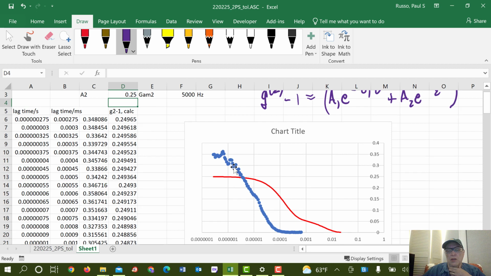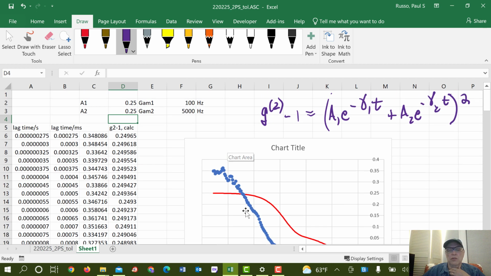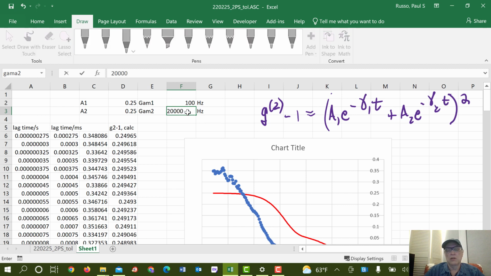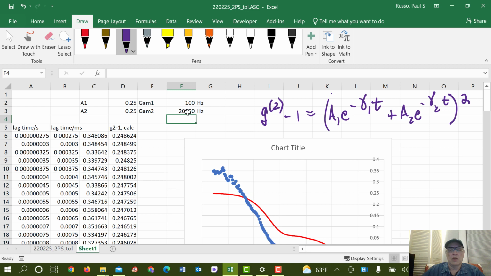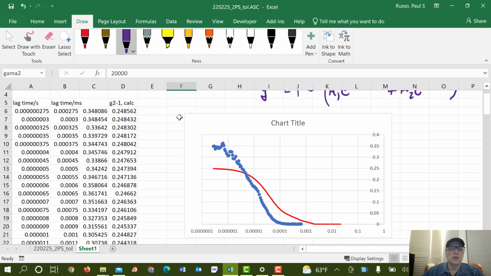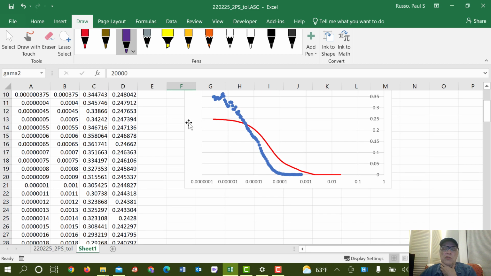And let's see, I need it to decay faster than 5,000 hertz, so let's make that 20,000 hertz, this one. It doesn't matter which one is 1 and which one is 2 as long as you keep it in your head. You know what, that might be close enough for Solver to go ahead and do the rest.